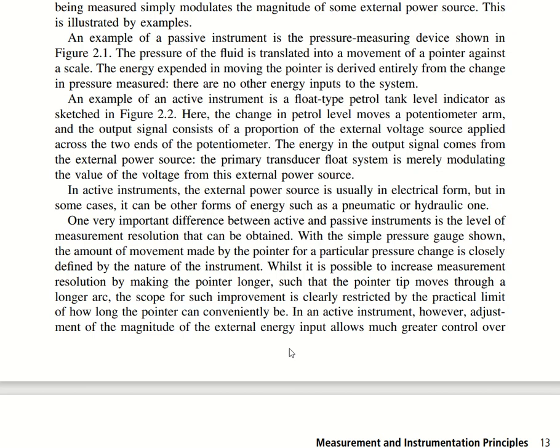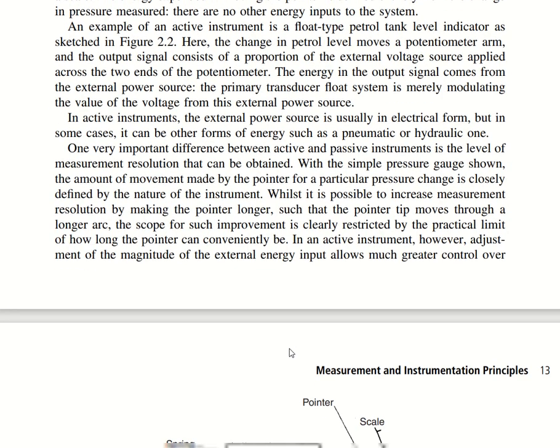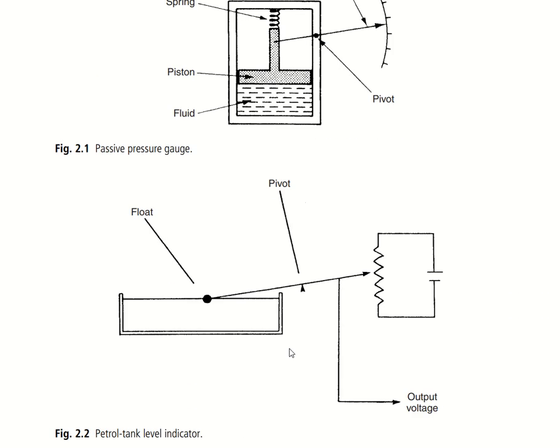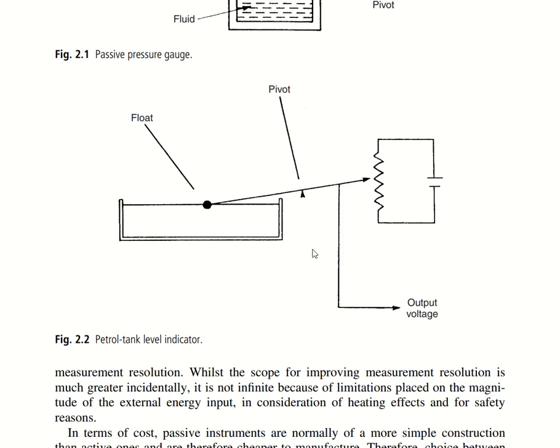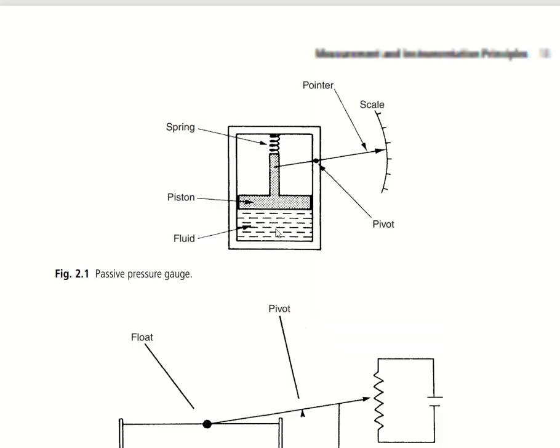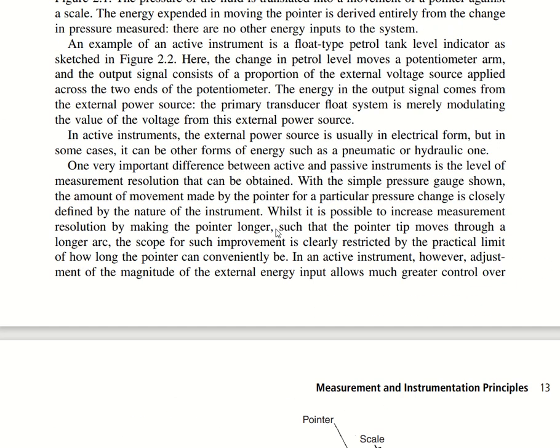And then we have the example of an active instrument, which is the float type petrol tank level indicator. As you can see here, this indicates the level of the petrol. Here's the float, here's the pivot, and this is the output in the form of voltage.